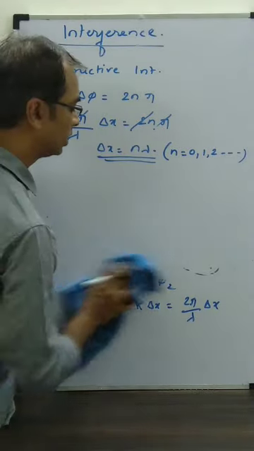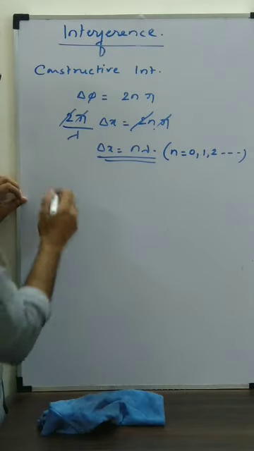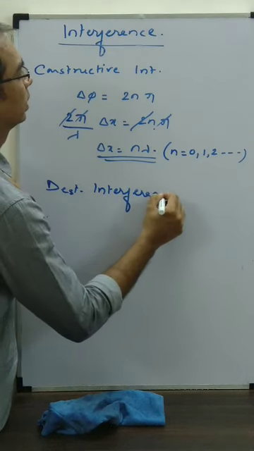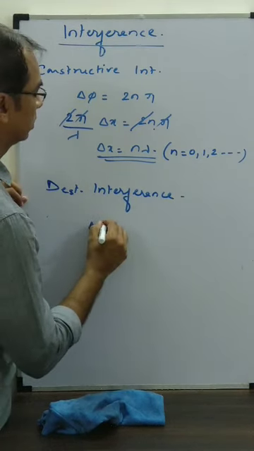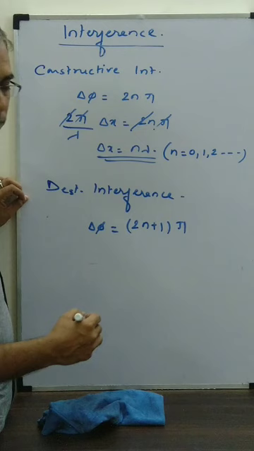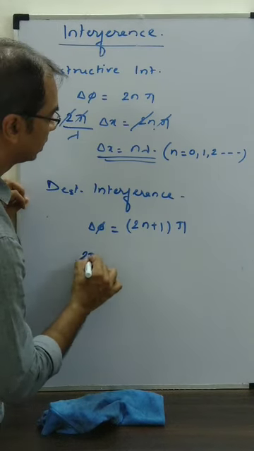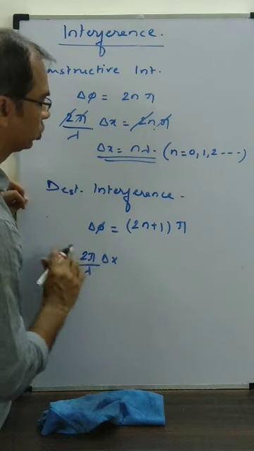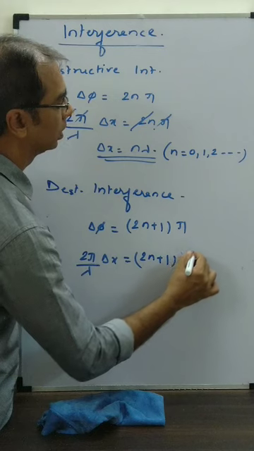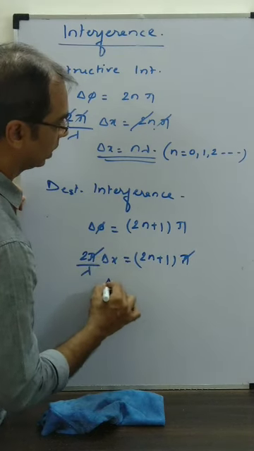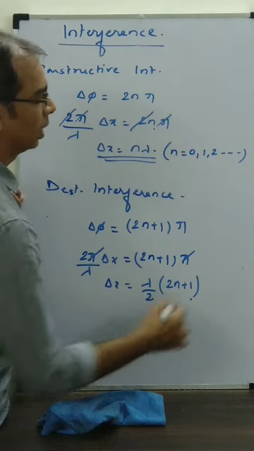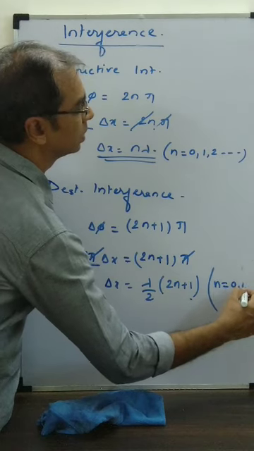Let's see for destructive interference then. For destructive interference, we know that delta phi we wrote as (2n plus 1) pi. Okay, and if I put this delta phi as k delta x, which is 2 pi by lambda into delta x, then we are going to get delta x is lambda by 2 into (2n plus 1), and in this one n is 0, 1, 2, all that.